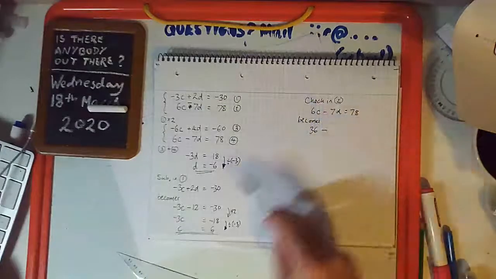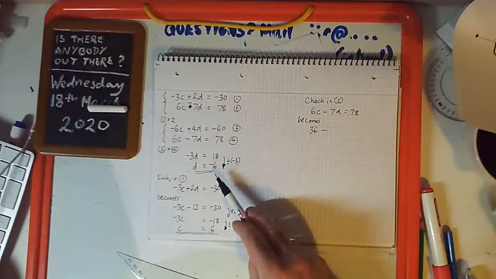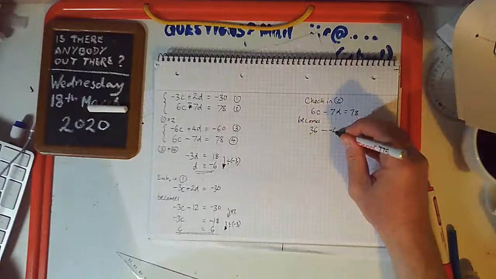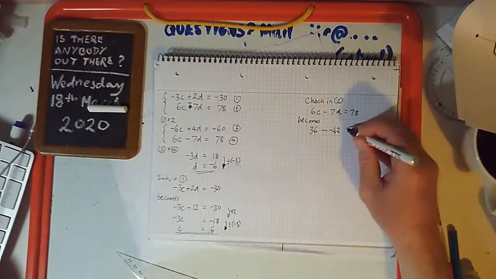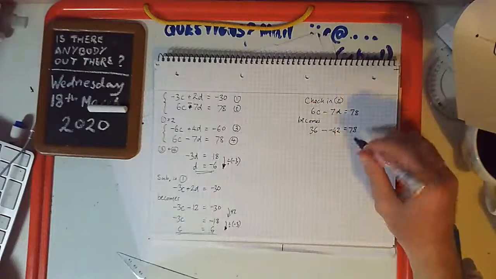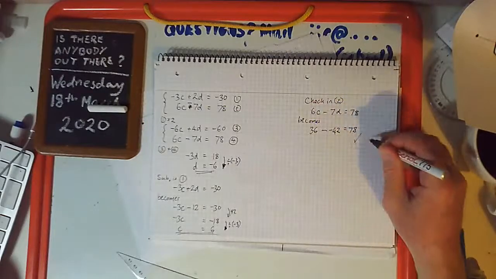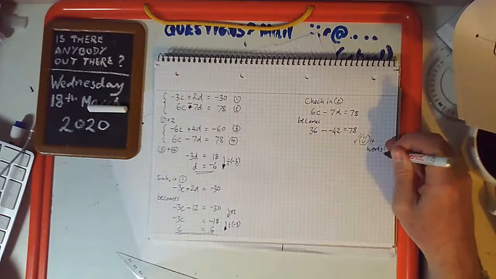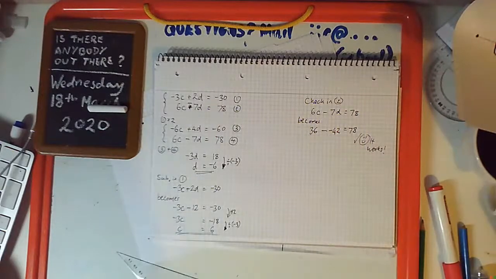So that's 7 times minus 6 is minus 42. So I've got 36 minus 42 equals 78, which is correct because minus makes plus. So I know that I've got that one right.